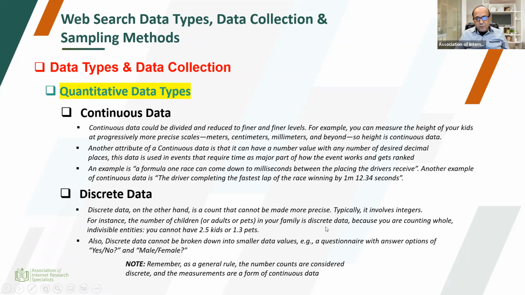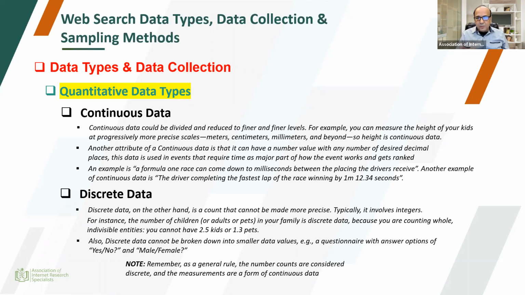The idea of how it is explained as 2.5 and 1.3 can be translated when you look at the definitive result of your query or definitive questionnaire that has questions answered either as yes or no, or male or female, or big and small.